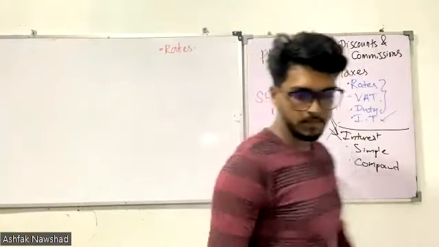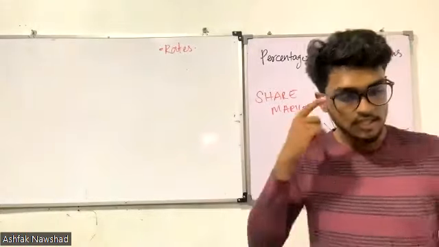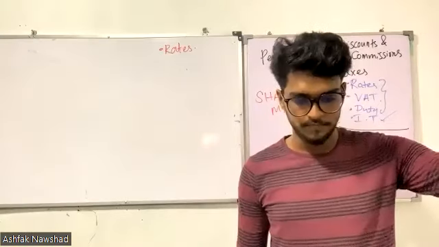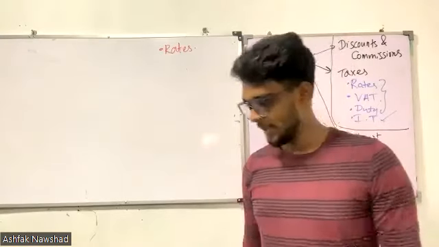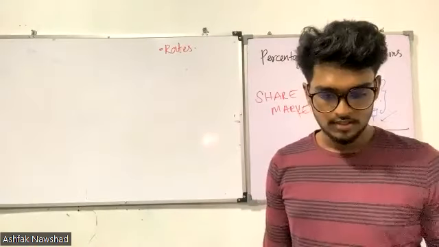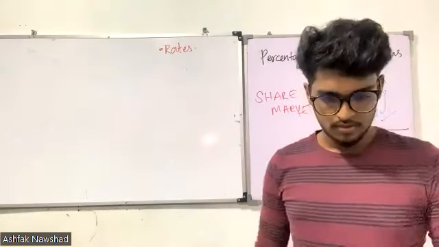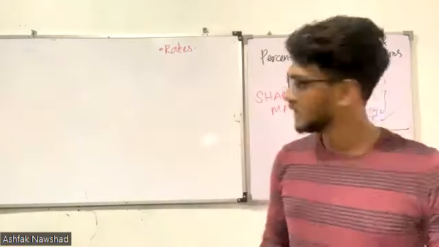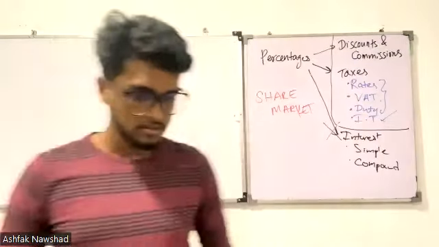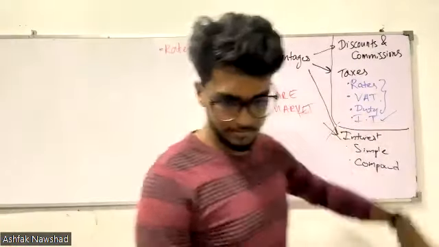Rates are specially paid for buildings and stuff. If you own a building, you must pay rates to the municipal council. Your parents will pay, I guess. You might have seen rates. These all are taxes. We just generally call them tax.